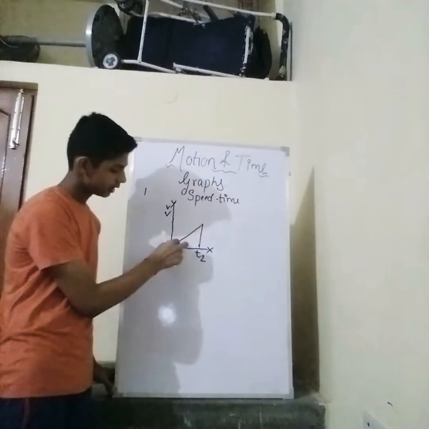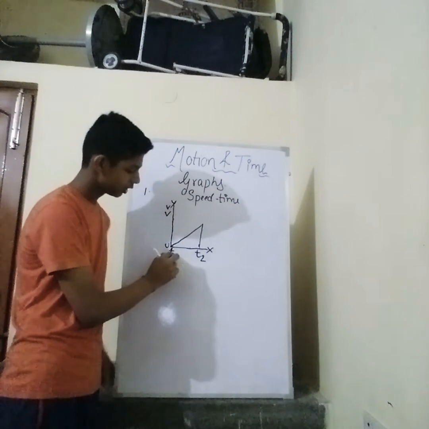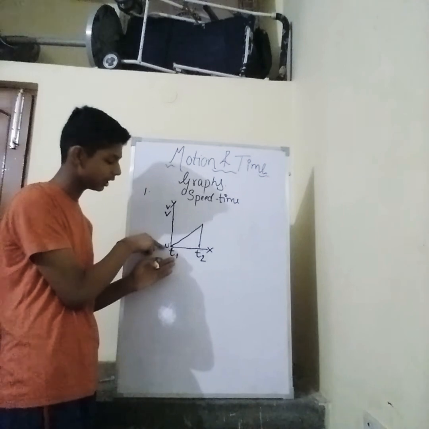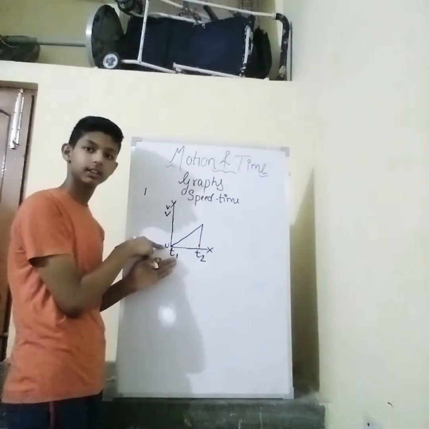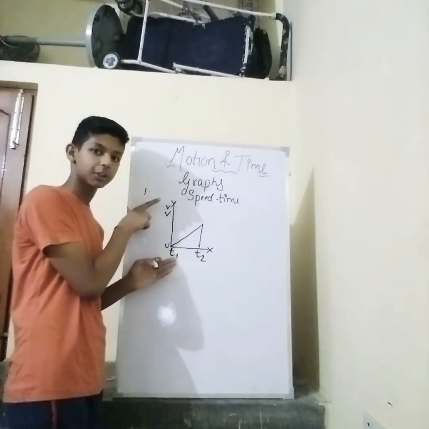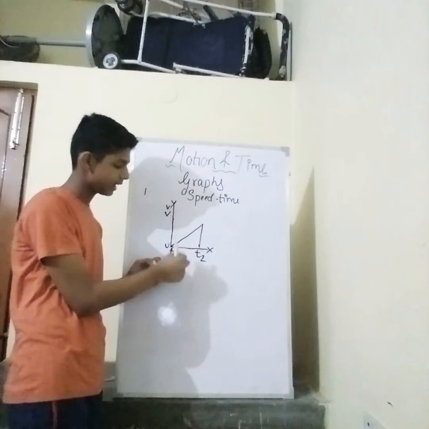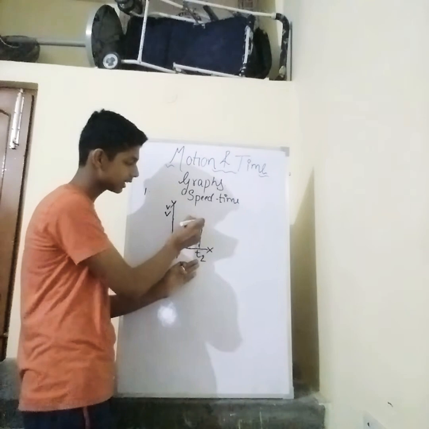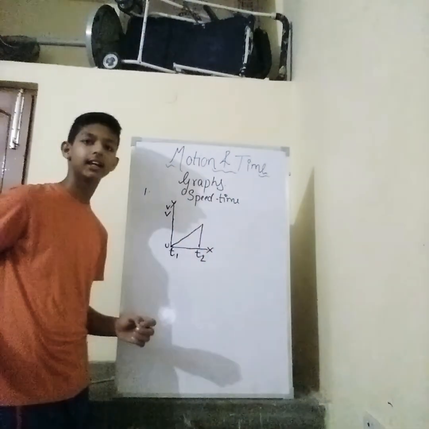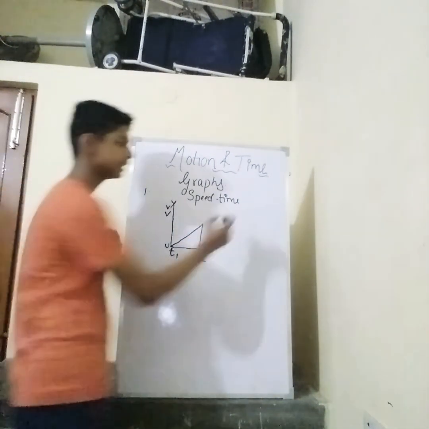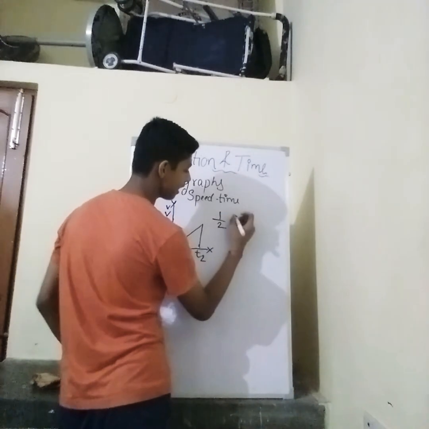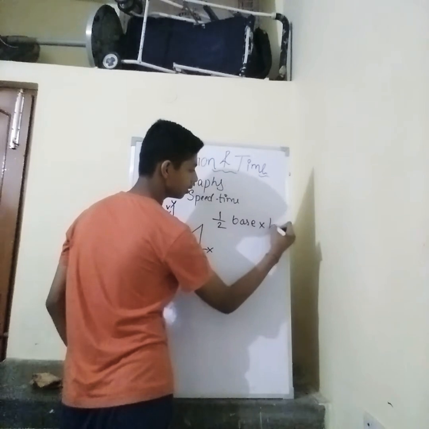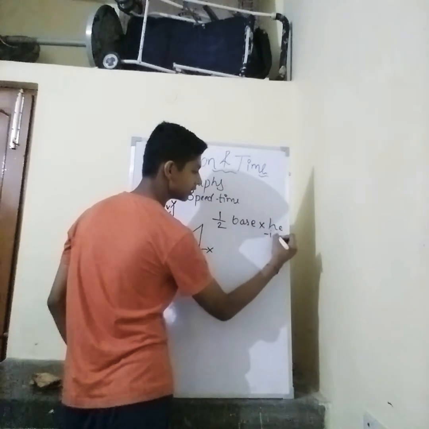Suppose that starting from time t1 with velocity or speed u, and reaching the velocity or speed v at time t2, the area under the graph will be like this. This is a triangle, so area of the triangle is half base into height.